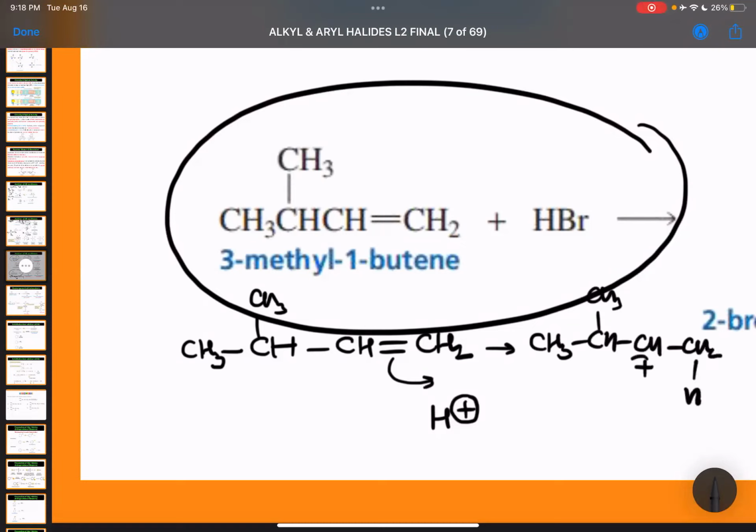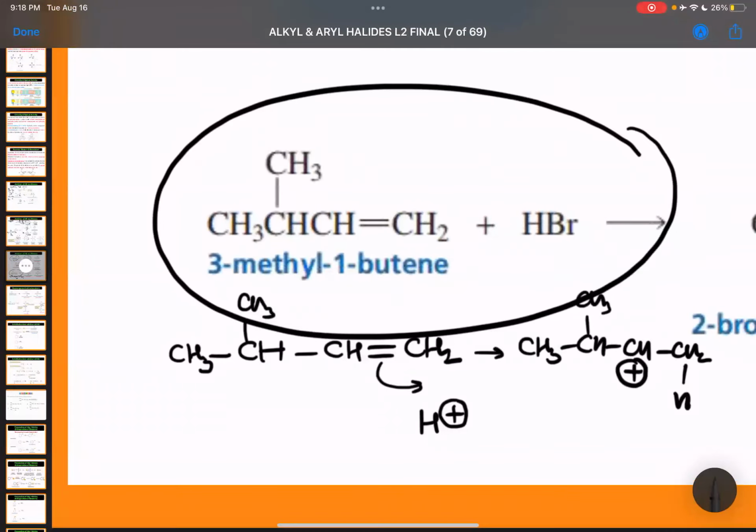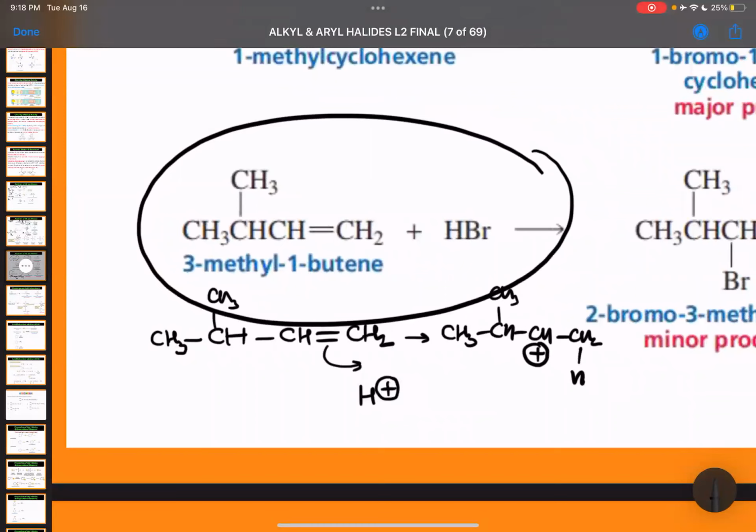Okay, this is the carbocation, and you attach the Br. Okay, that's what you did. So you did half of the part correctly, but actually what happens is carbocations have a tendency. Remember, everywhere, not only in this chapter, in all the subsequent chapters which are yet to come in organic chemistry, remember carbocations have a tendency to undergo rearrangement.